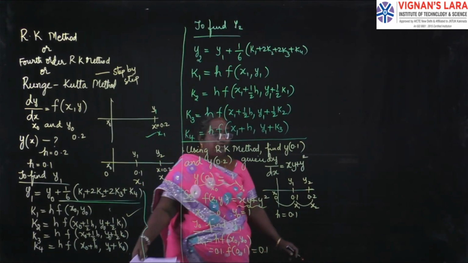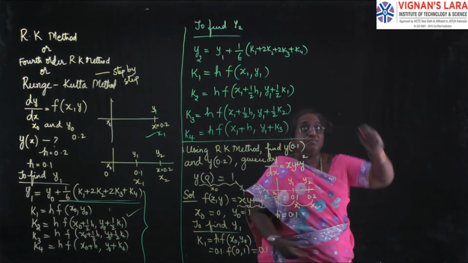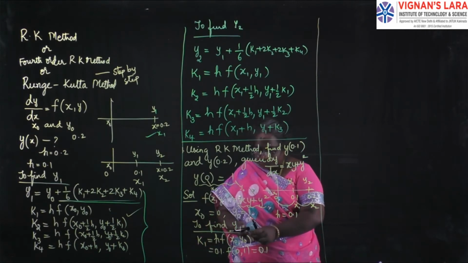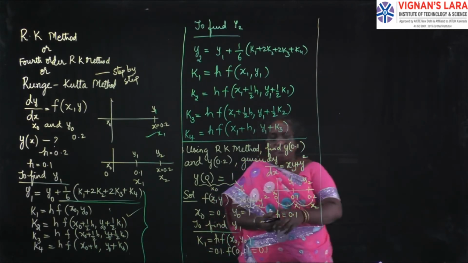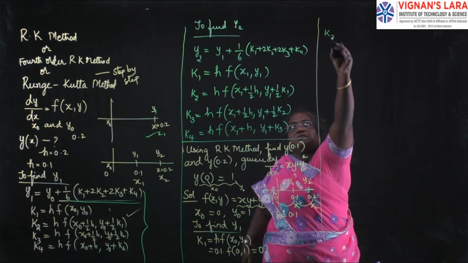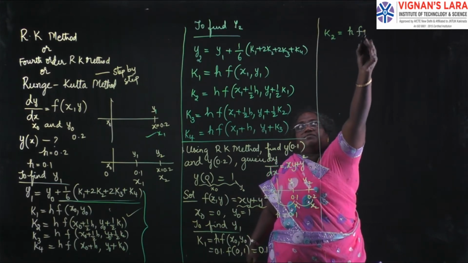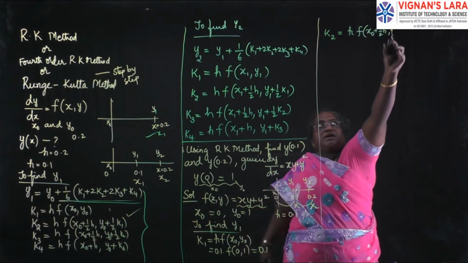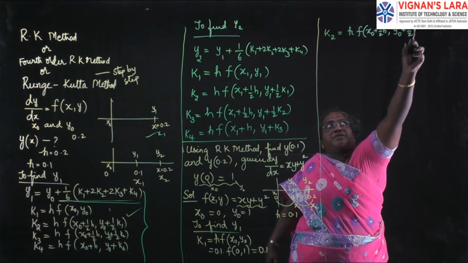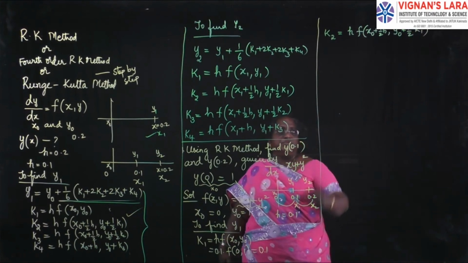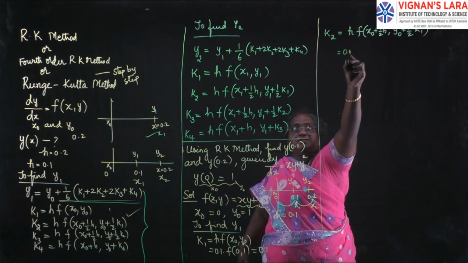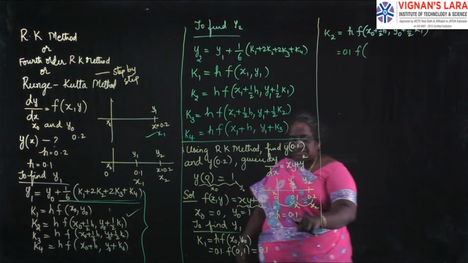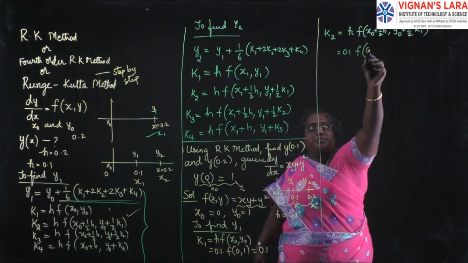So next we have to evaluate K2. So K2 value. K2, what is the formula? K2 is equal to h into f of x naught plus half h and y naught plus half k1. So we got k1 value. So this is equal to 0.1 into f of x naught is 0, 0 plus half h. 0.1 by 2 is 0.05.